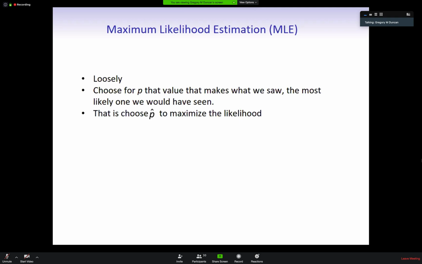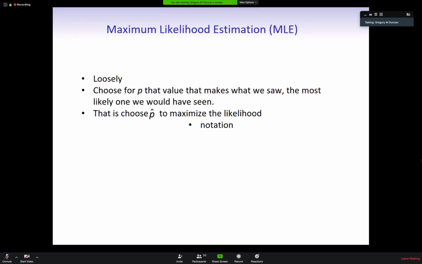That is, we choose our P hat to maximize that likelihood. We say, what is the most likely P to have generated this? Now, we have to be careful there because P is not a random variable. So it's not either likely or not likely, but it's the one that makes what we saw the most likely to have been seen.